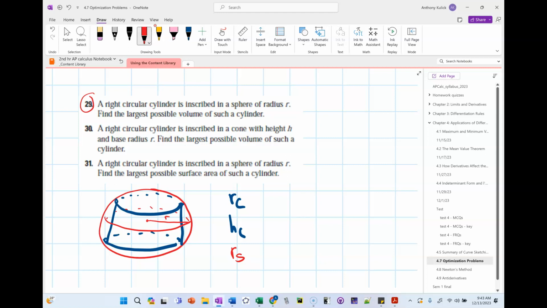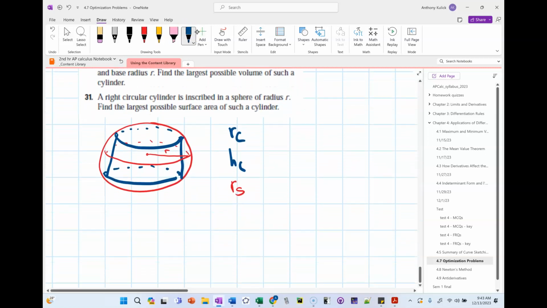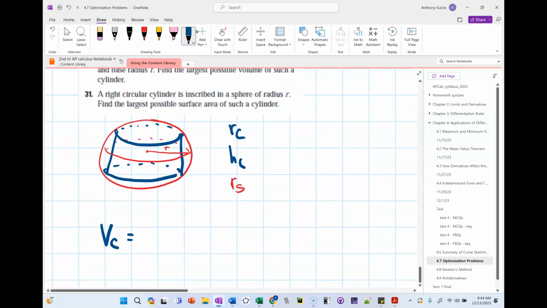The largest possible volume of my cylinder is going to be in terms of the radius of the sphere, right? So I know that the volume for my cylinder is pi r squared h, right?